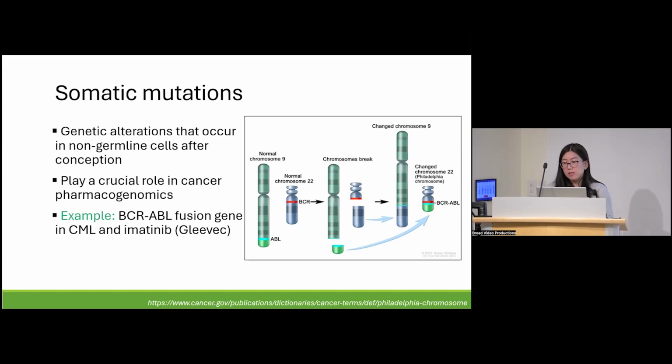And this results in a constitutively active tyrosine kinase that results in increased cell proliferation. And so what was developed was a drug called imatinib, or Gleevec as a brand name, which inhibits that pathway and prevents that excessive proliferation.